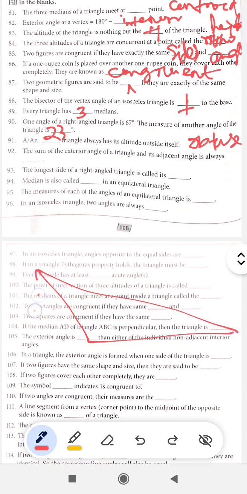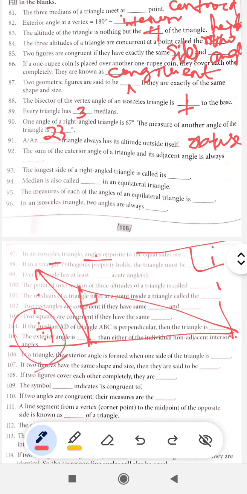So here you can draw the perpendicular, that is the altitude. From here the altitude is this part, and its altitude is this one. So already you can see two altitudes are outside.